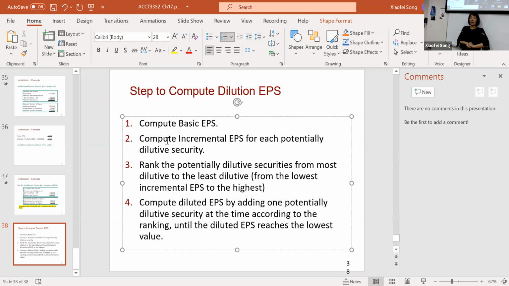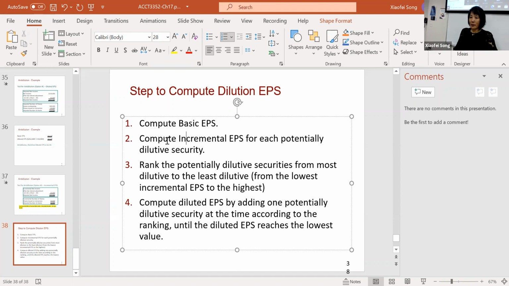What would be the incremental earning per share for options and warrants? Zero, right? So that will always be the most dilutive.